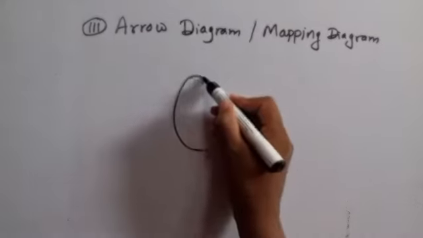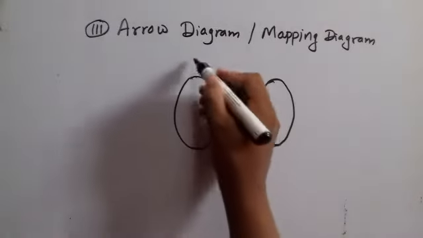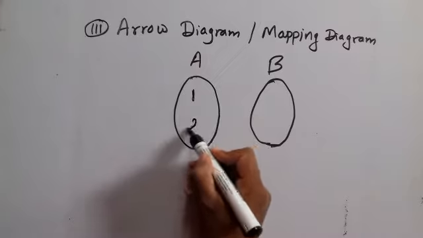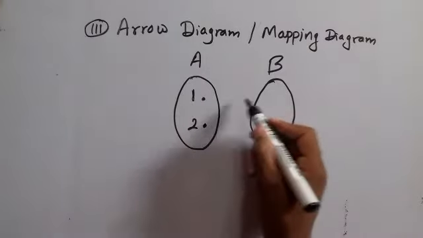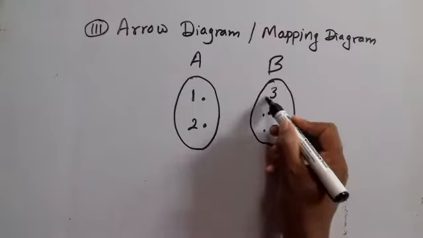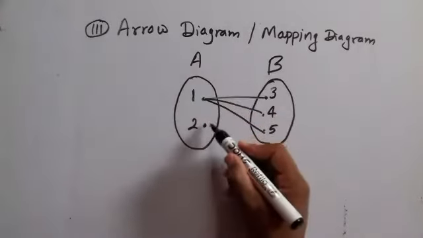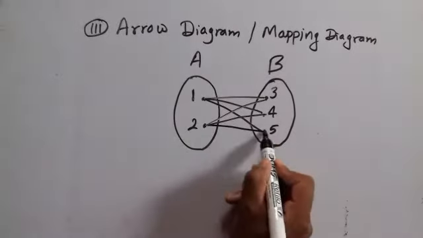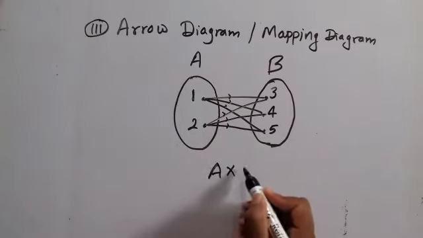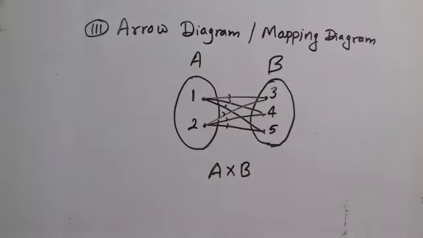For this we draw two circles for set A and B, and here we write the elements of set A, each with a small dot, and here we write the elements of set B. Then we draw arrows to map from elements of set A to elements of set B. In this way we have completed the representation of Cartesian product A cross B in the form of arrow diagram or mapping diagram.